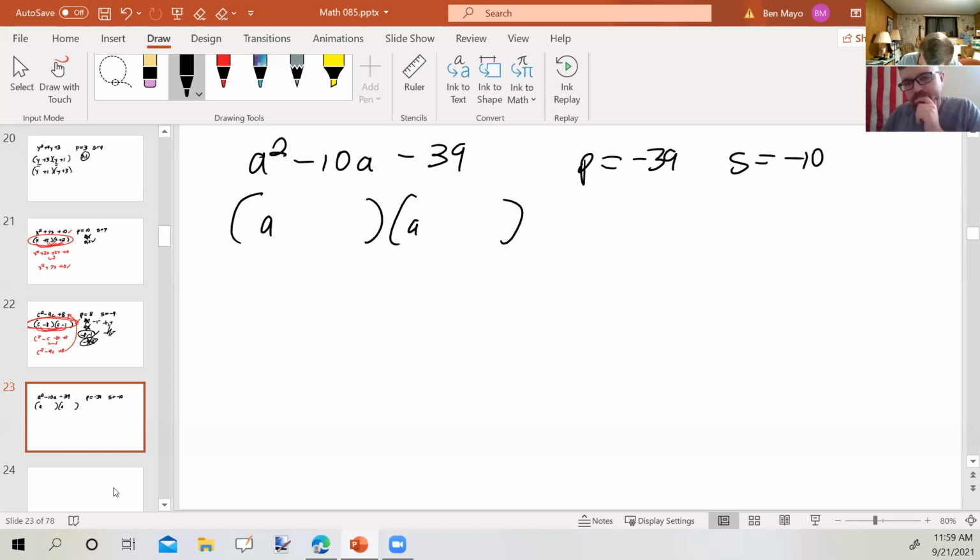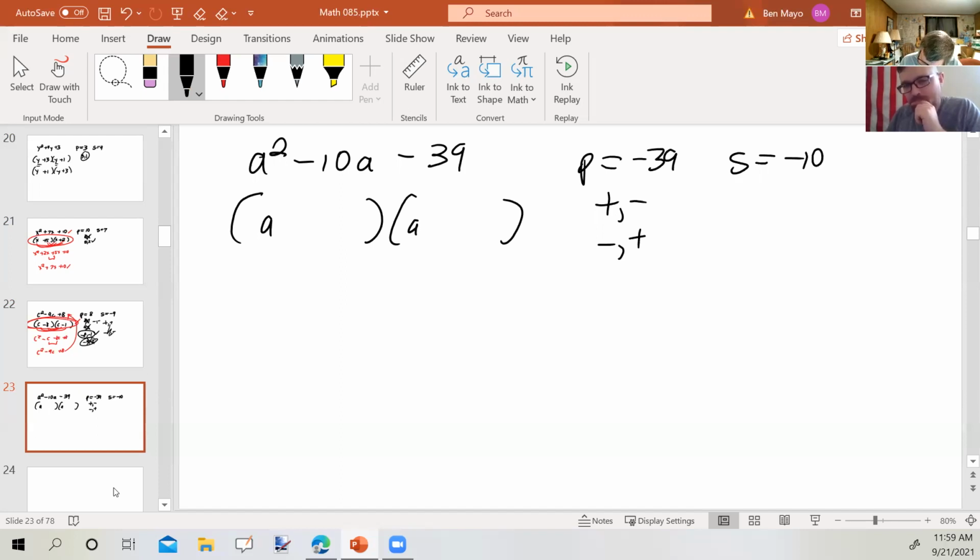So that means I've got to have a positive times a negative, or a negative times a positive. So the signs of the two numbers have to be opposites, or different. I'm looking for a positive number and a negative number whose product is -39, but when I add those two numbers together, I get -10.